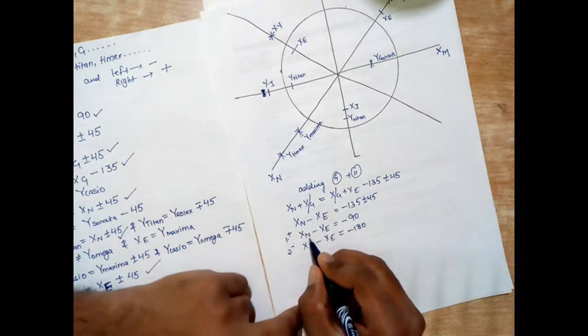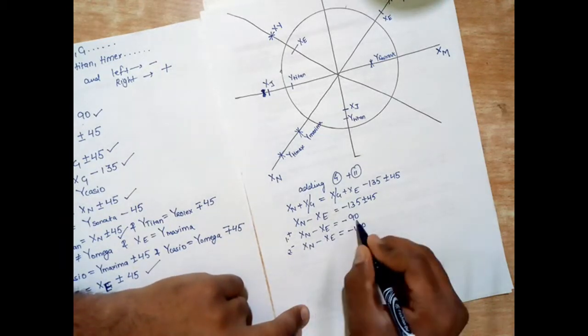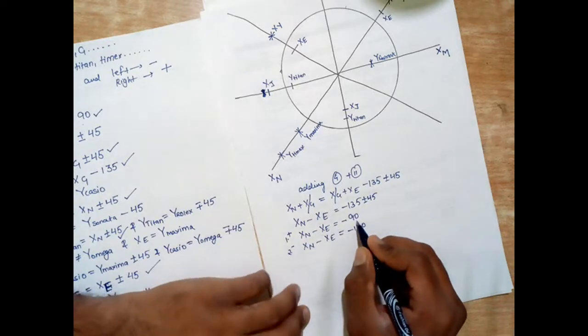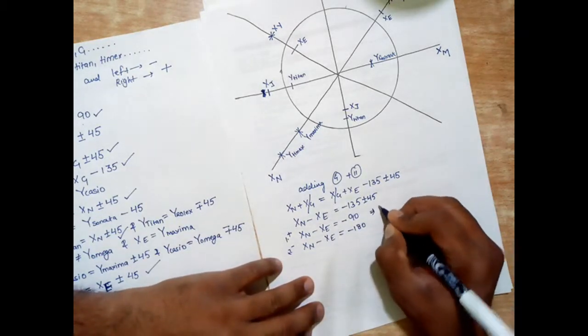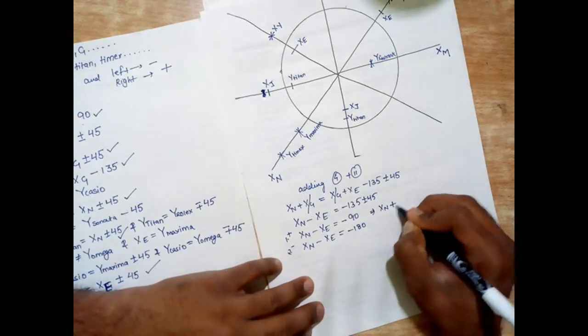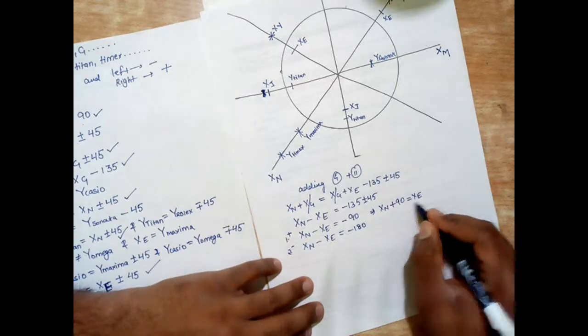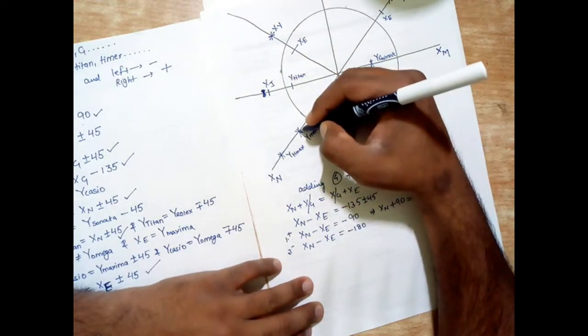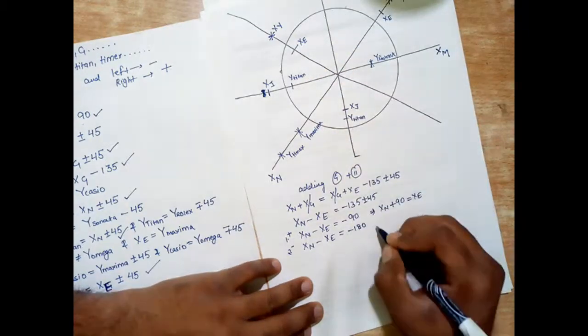So it says from e to n, it would be minus 90. That means this could be simply written as xn plus 90 is equal to xc. That means xn plus 90 is xc, which is true.